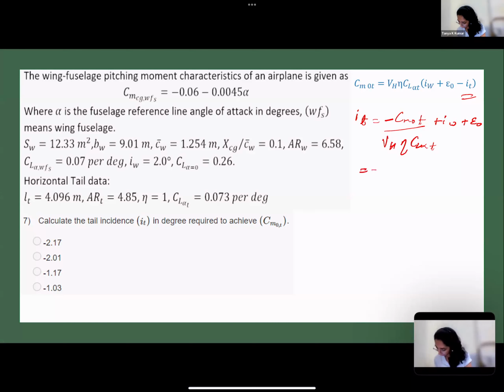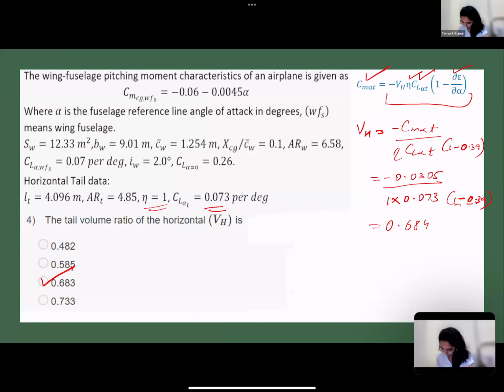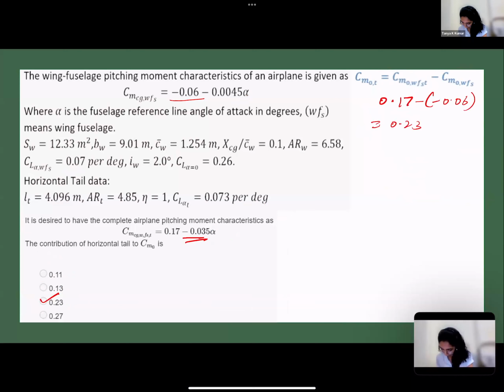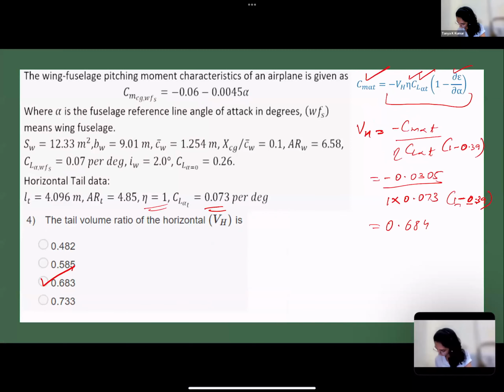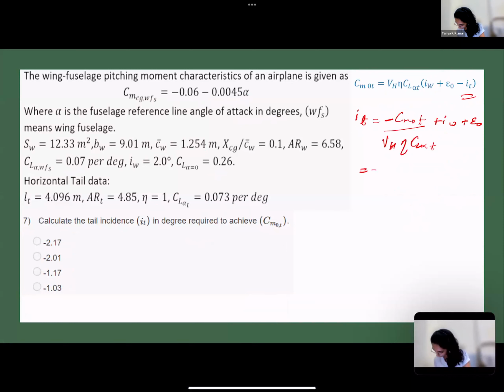So minus CM naught tail was 0.23, by VH.